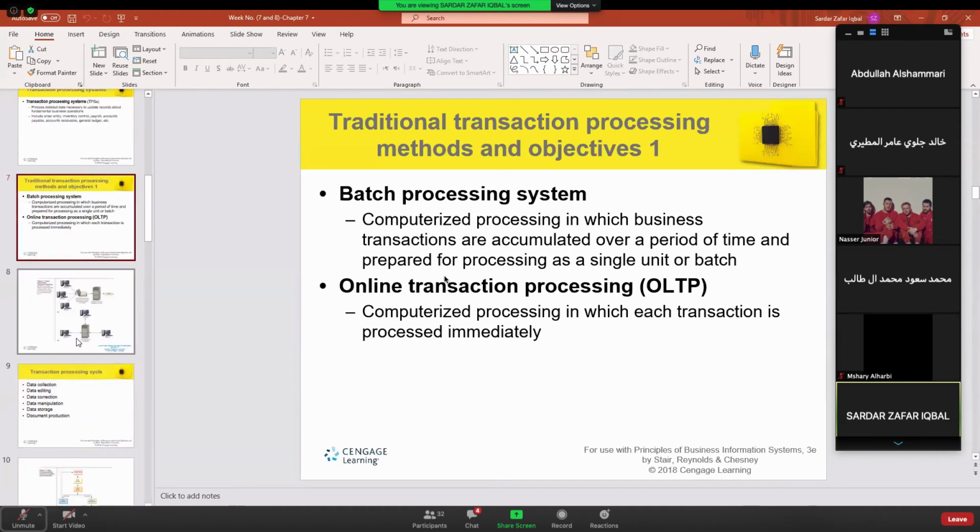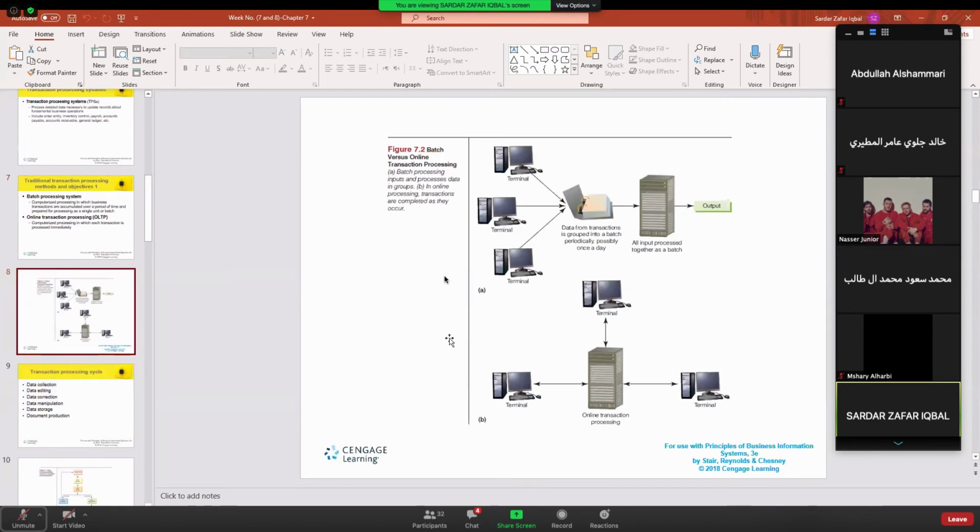Okay, we can see this figure. Figure number one is about batch processing. You can see data is coming from 3 computers, and they are collecting on one file. This is actually the traditional way if they are using these files. So data from transactions is grouped into batches periodically, possibly once a day.